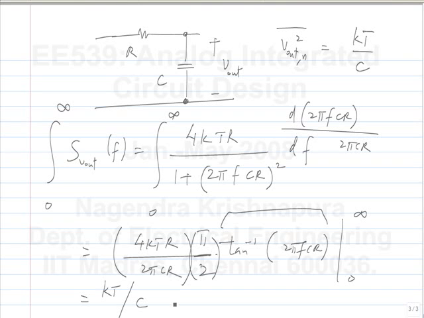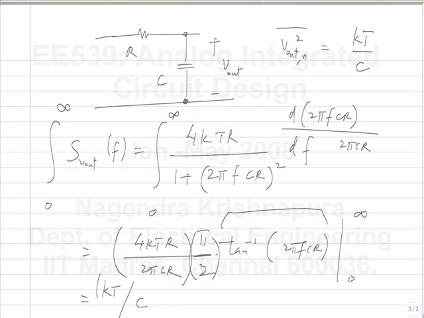Why does it come out to be so? Why does the integrated noise not depend on the resistance? Yeah. So what happens is when you change R, the spectral density changes in proportion to R and the bandwidth changes in inverse proportion to R, and it turns out that the two exactly cancel out each other. Okay.